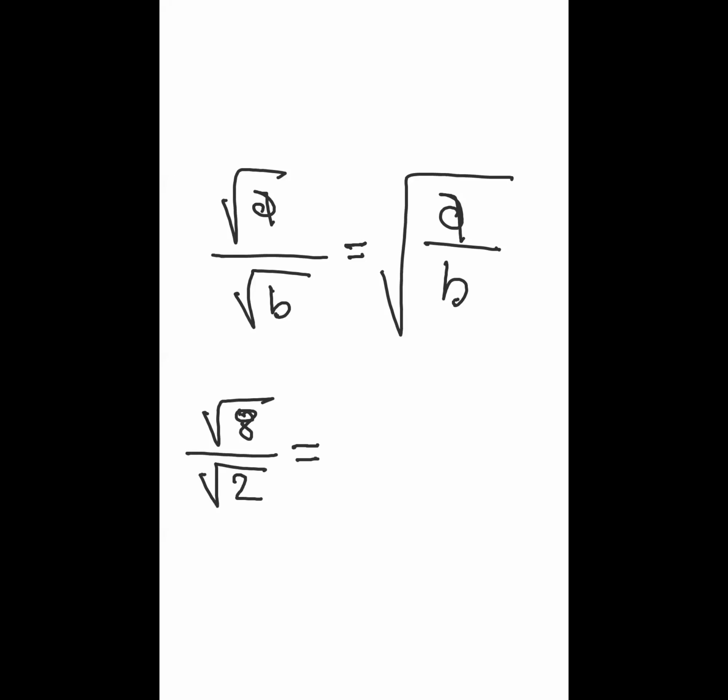So simply we said that it will equal the square root of 8 over 2, which will equal the square root of 4. The square root of 4 will equal 2. Okay, guys, it's clear now? Do you have any questions? No. Okay, very good.